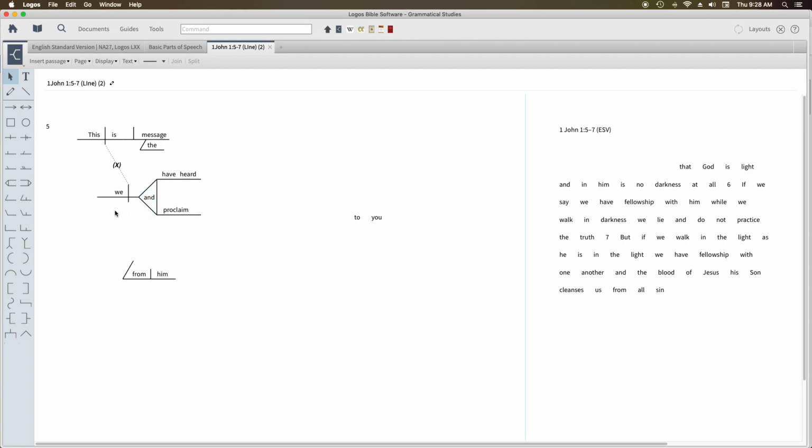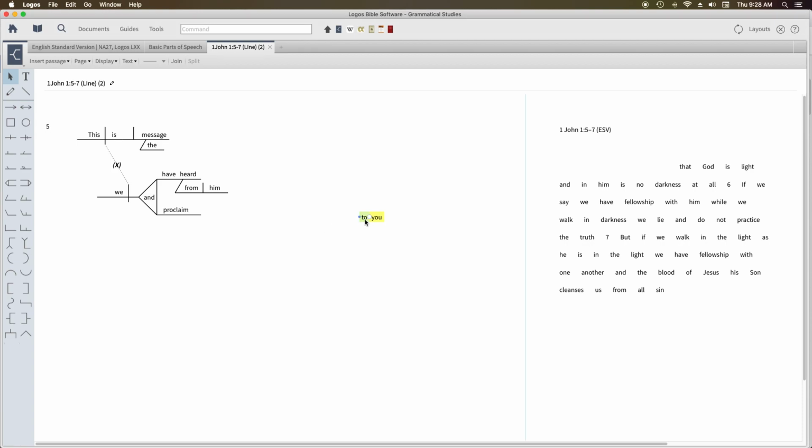Well, that's typically going to be your call, but I see this as a single subject with two different verbs, because John is not saying we've heard this and then on top of that we've proclaimed it. I mean, he is, but he's using it, I think, in more of a double verb type of way. We've heard it and now we're proclaiming it. And so I did it that way. And so we've heard it from him. This goes back here. And proclaim to you.